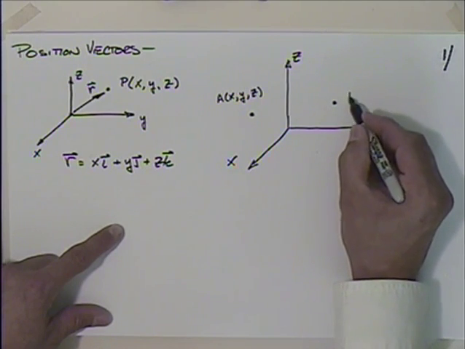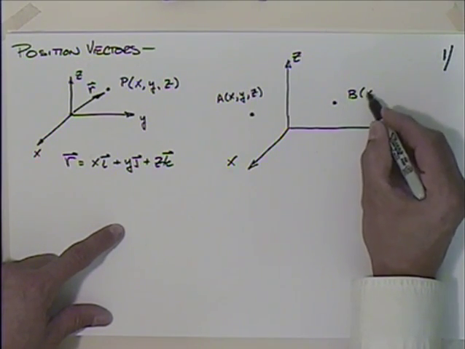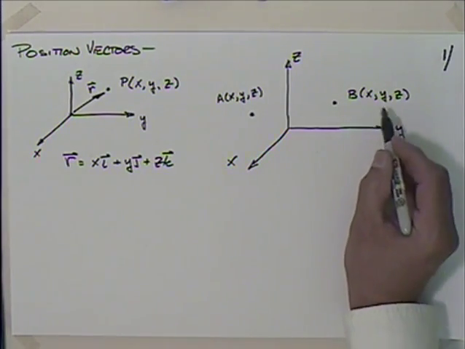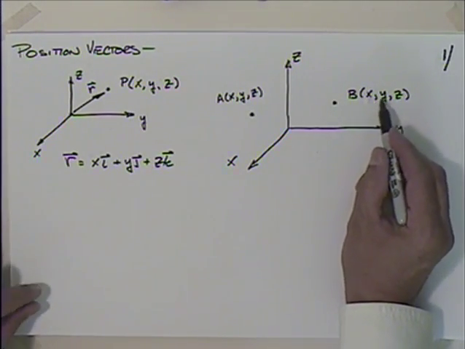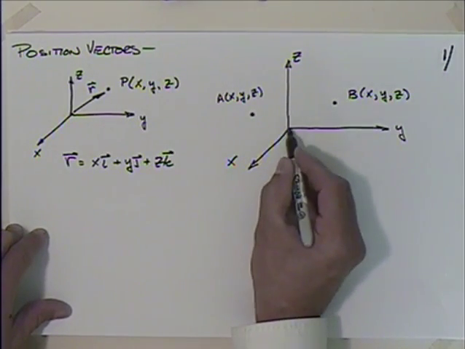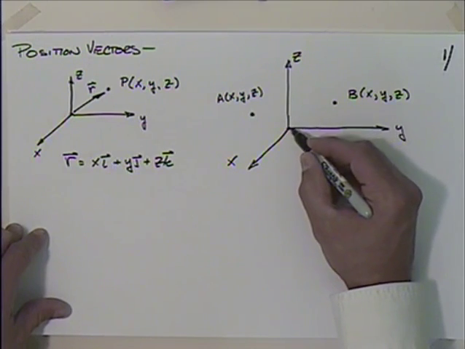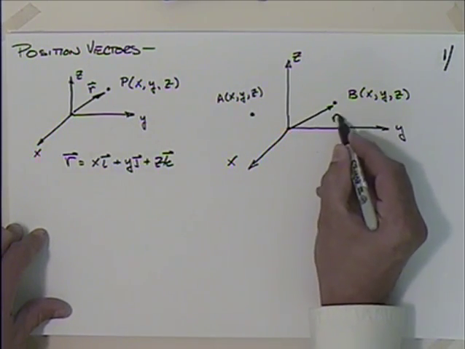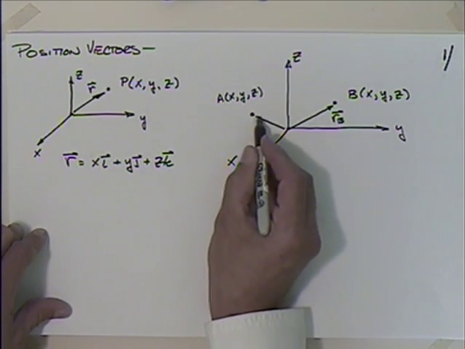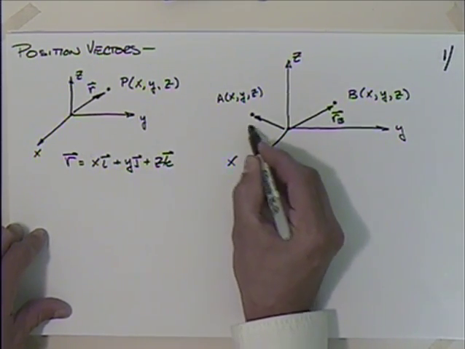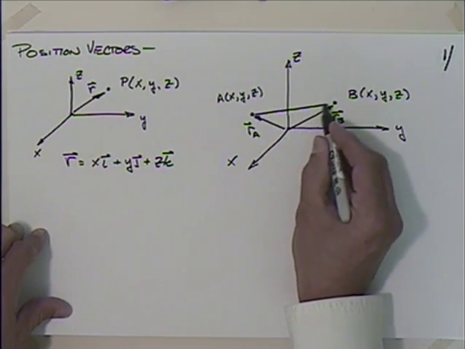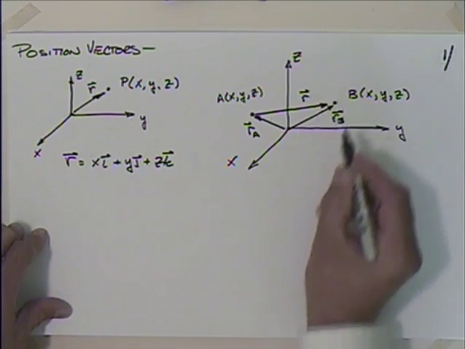Let's call this B, that will likewise have some x, y, and z. Maybe we'll say eventually that's x sub b and y sub b, and so forth. So let me define some position vectors starting at the origin here and going to point B. I'm going to say that I have r sub b, and starting at the origin and going to A, I'm going to have r sub a, and then going from point A to B, I'm going to have r.